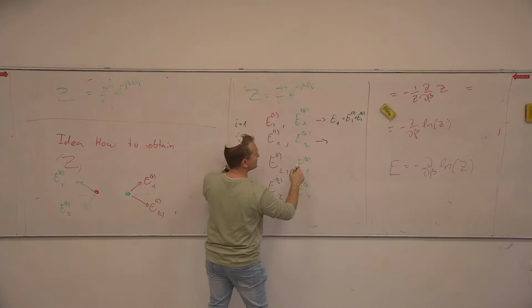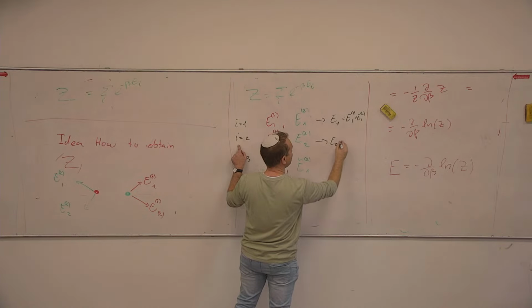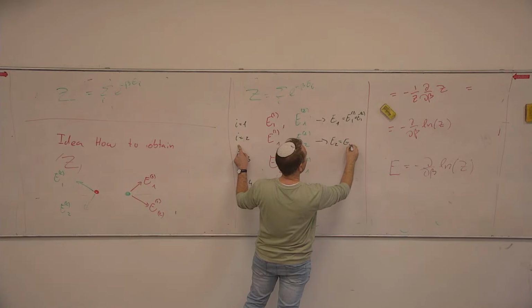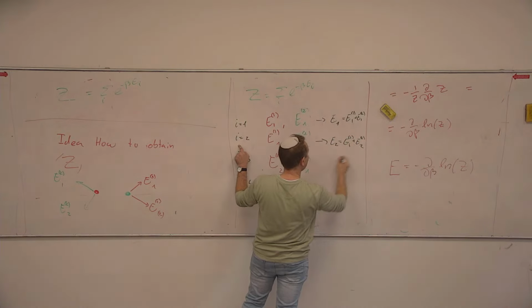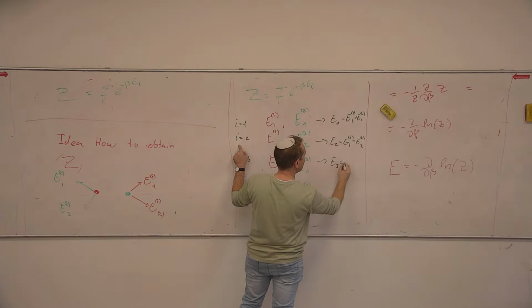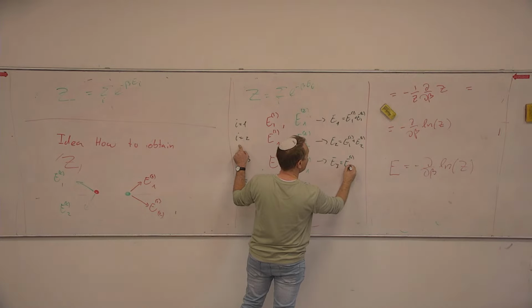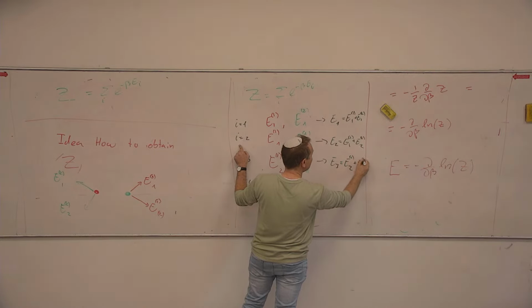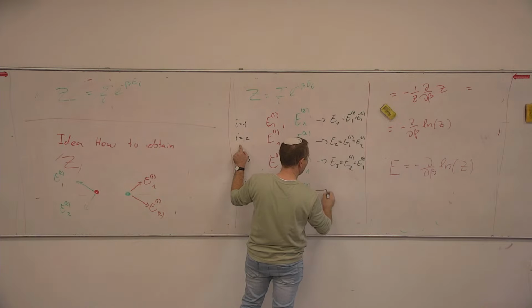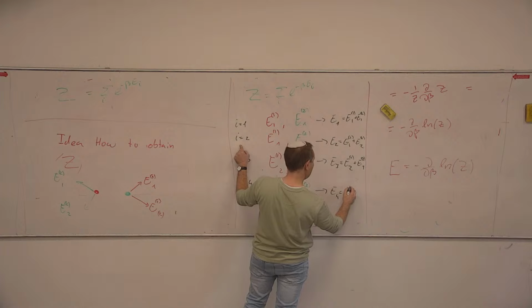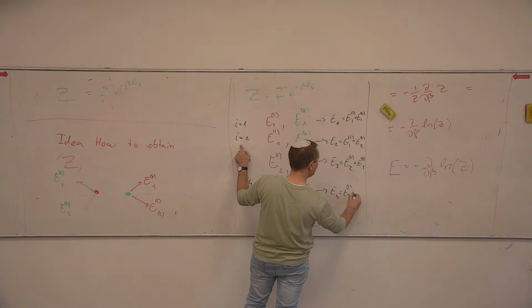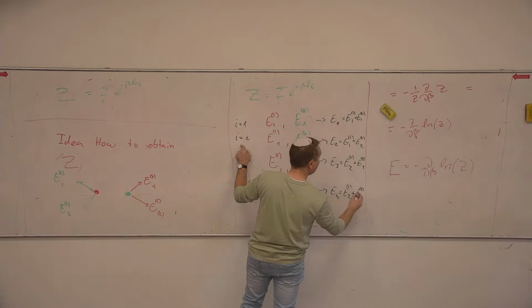The other state, state number 2, is E2, and it is E1,1 plus E2,2, etc. E3 equals E1,2 plus E2,1, and E4 equals E1,2 plus E2,2.